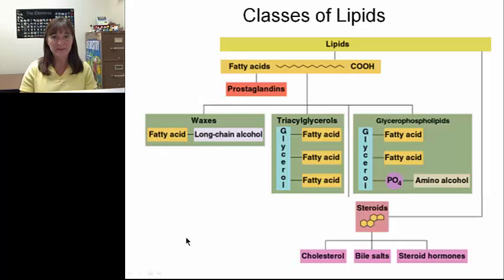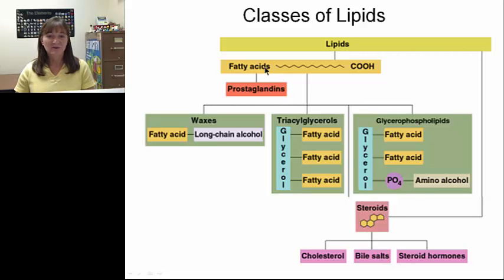So here is a flow chart just saying the exact same thing I just said, where lipids are broken up into two groups. So if you've noticed, we've got two lines coming off this first box. Our first grouping are those that contain a fatty acid, and the second group are the lipids that contain a steroid nucleus. So this molecule here with the rings is our steroid.